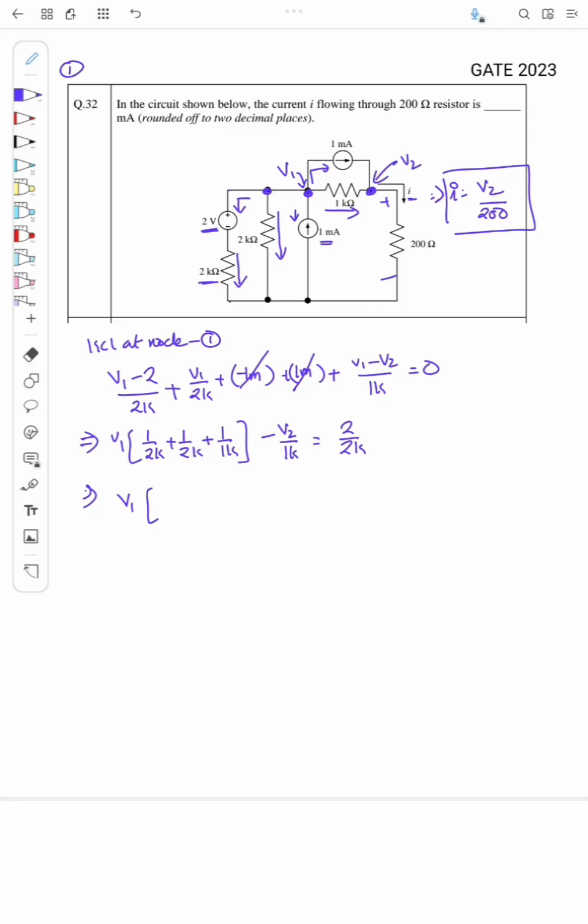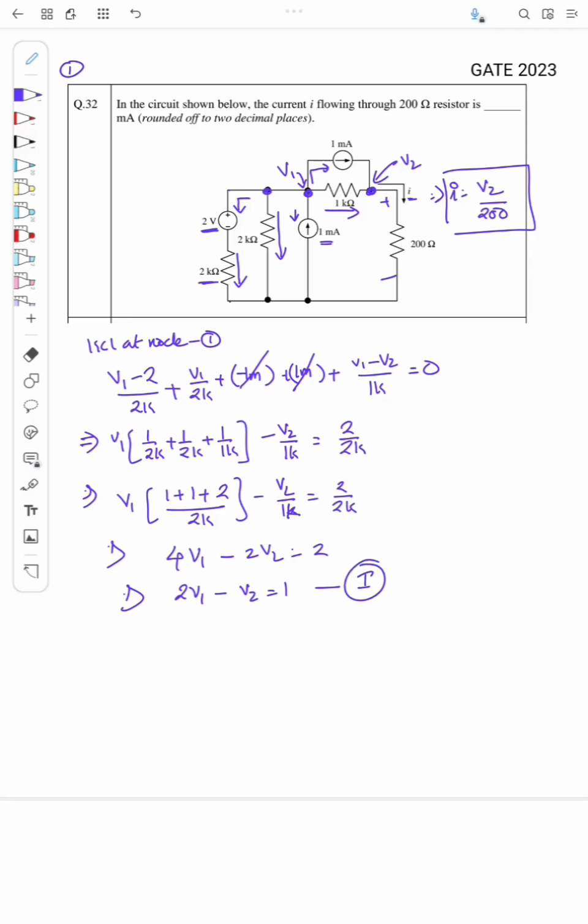So V1 into (1 plus 1), that is 2 by 2k, minus V2 by 1k equals 2 by 2k. I can cancel the 2k from LHS and RHS, so it will be 4V1 minus 2V2 equals 2, or if I cancel 2, it will be 2V1 minus V2 equals 1. So this is equation 1.